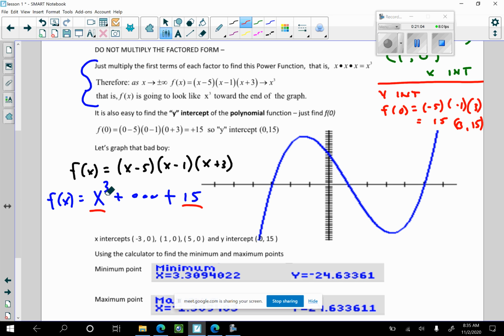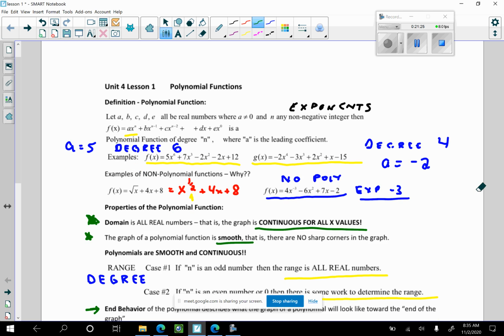N is odd. The degree is odd. The leading coefficient is 1. So now I have 3 is odd, A is equal to 1. And if I go back to my original notes, what does that tell me?